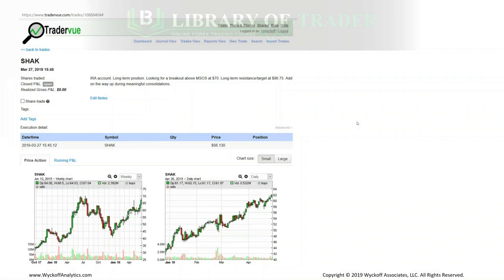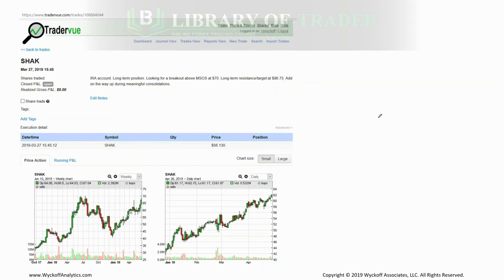You know, this is exactly why the notes are so valuable. I would not even remember that I had this intent to add to the position, that my exit goal was at 96, 97, close to 100, even though I exited, I think, at 92 or even maybe slightly before, like at 90 or 89.